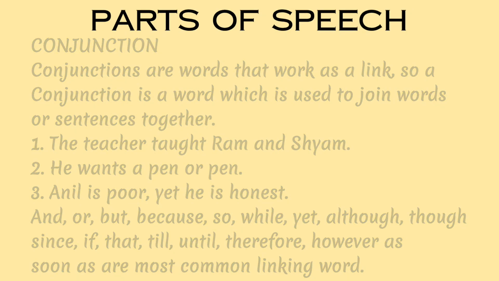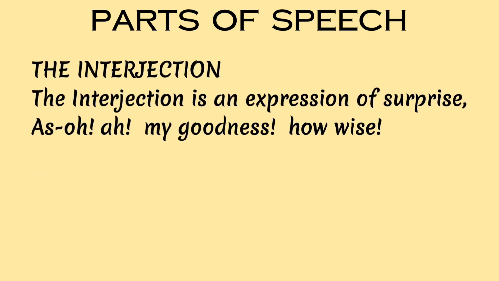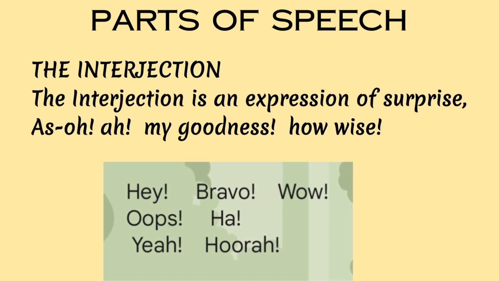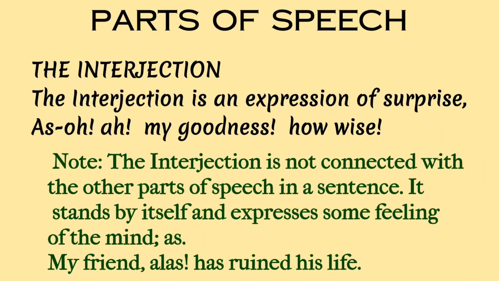Next one is the interjection. The interjection is an expression of surprise, as oh, ah, my goodness. Note, the interjection is not connected with other parts of speech in a sentence. It stands by itself and expresses some feeling of the mind, as my friend, alas, has ruined his life.